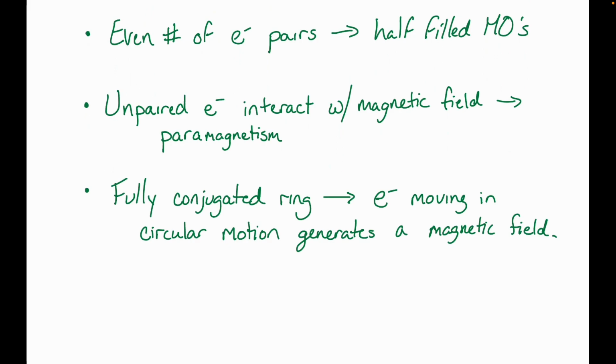Okay? So it turns out that in an anti-aromatic compound, these electrons are moving in such a way that is imparting a force on themselves, raising the energy of that compound. All right?